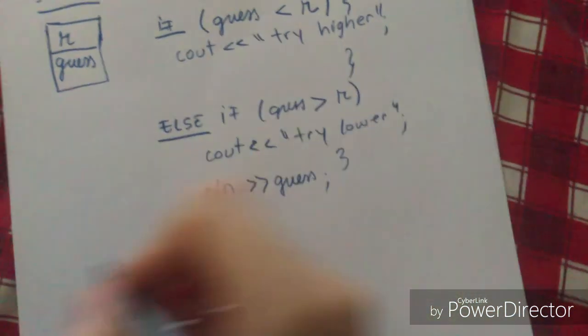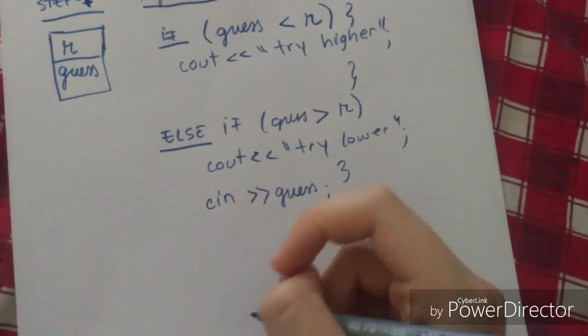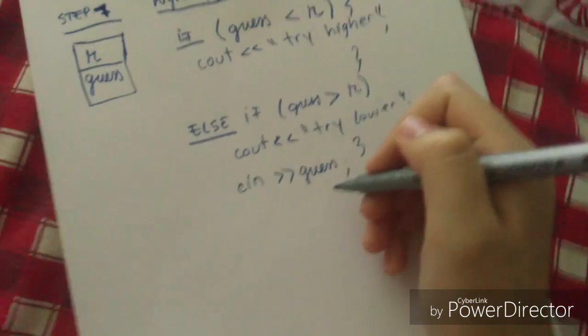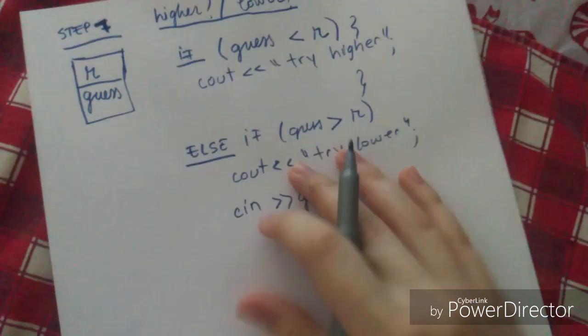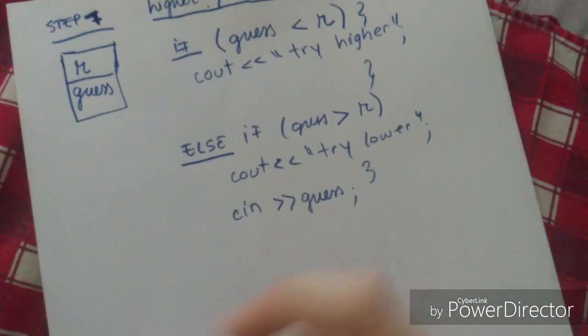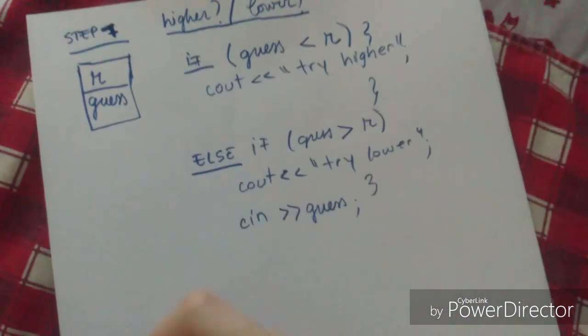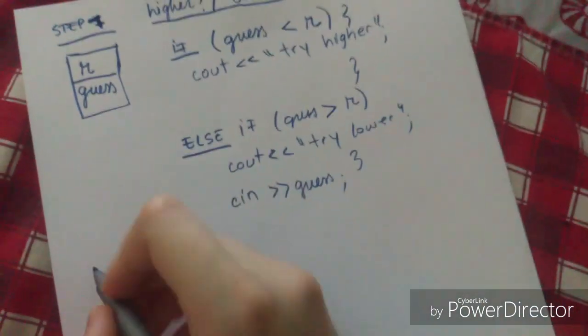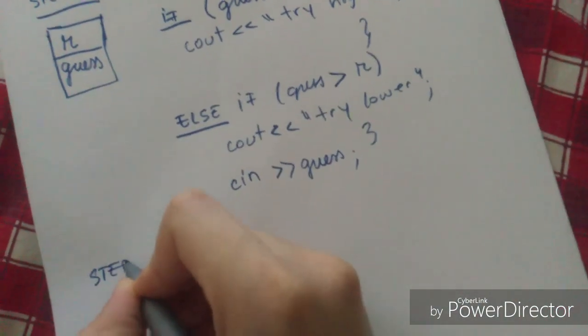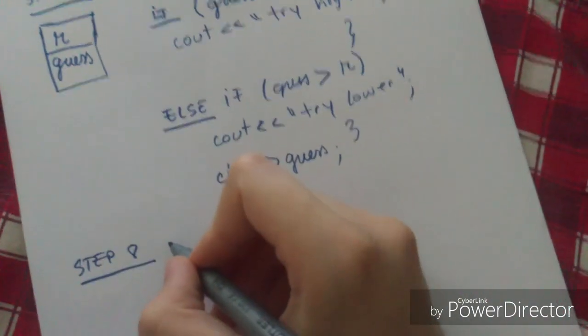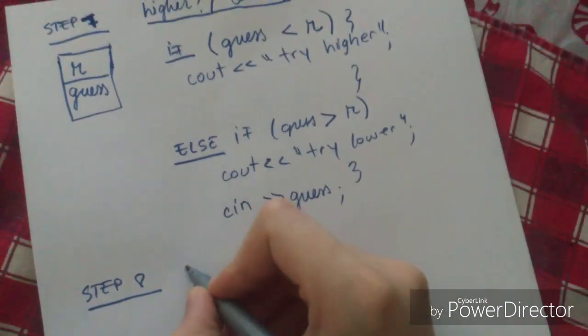And now we need to have another step, which is actually going back to the previous step, containing the comparison of the guessed number with the generated number. So for step 8, we're actually just going back to step 6, or it's actually step 5.